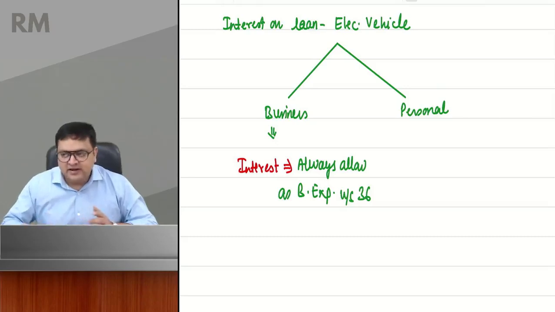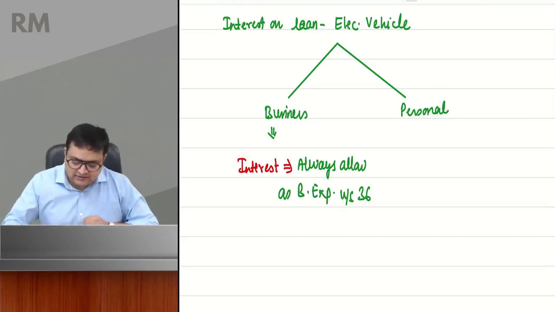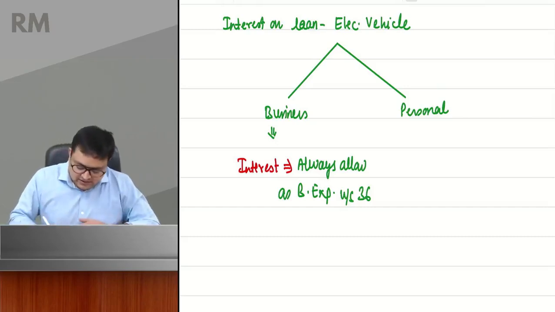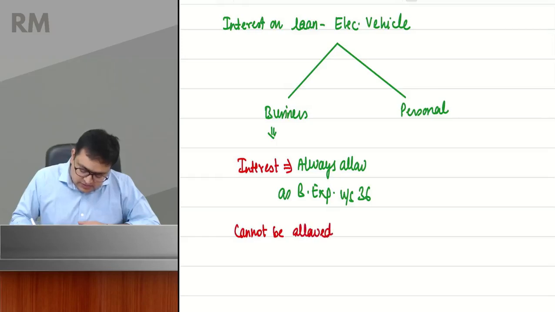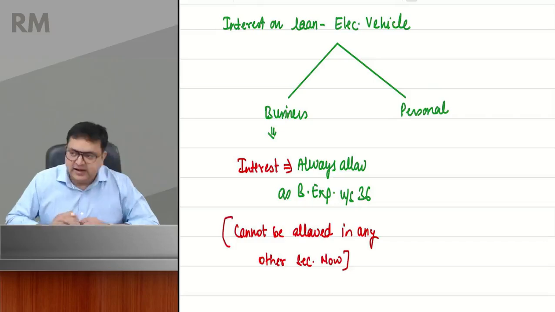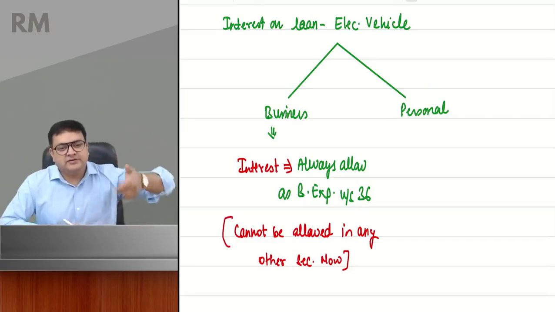Can it be allowed in any other section now? No. Since you have entirely allowed it, it cannot be allowed in any other section now. So can you claim a deduction also in section 80EEB?